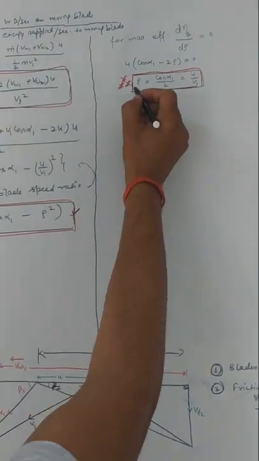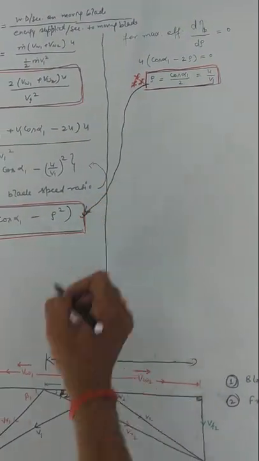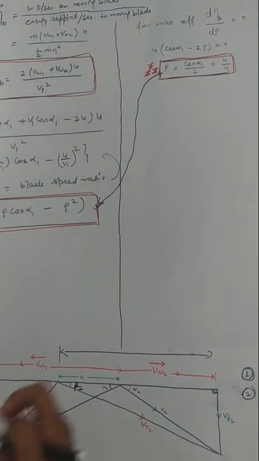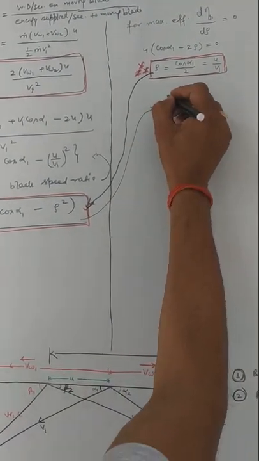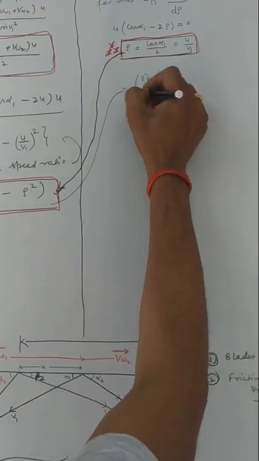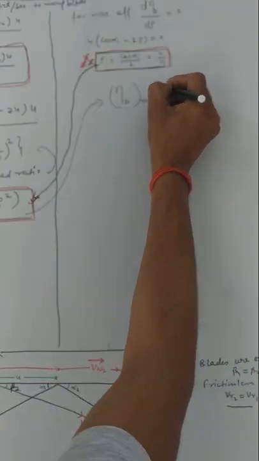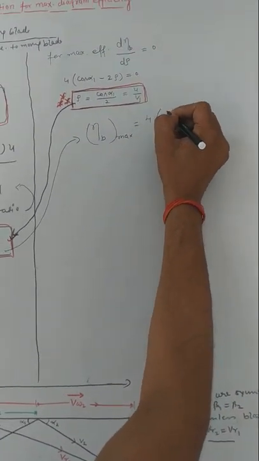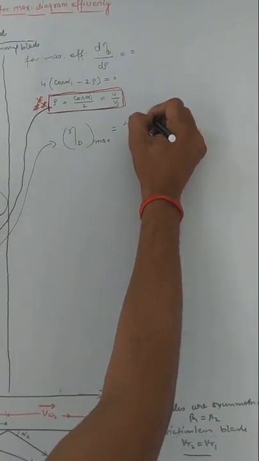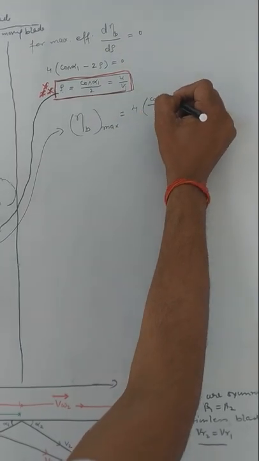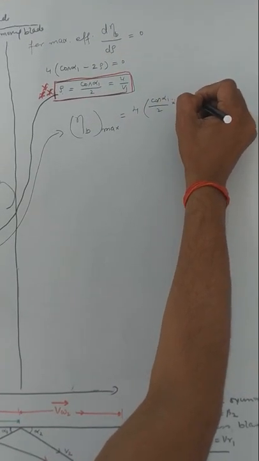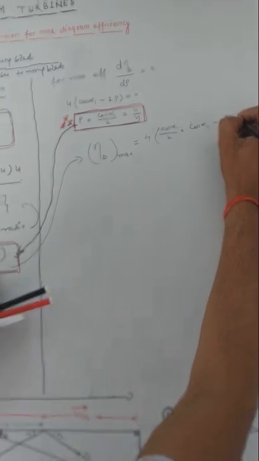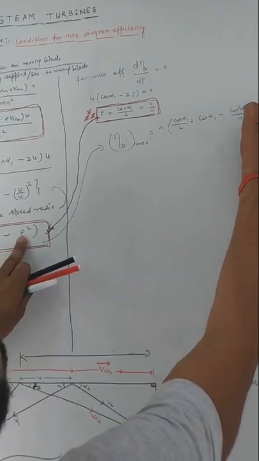Okay, so put this rho in this equation. Now we will get the maximum efficiency. Eta b max is equal to 4 times cos alpha 1 by 2 multiplied by cos alpha 1 minus cos square alpha 1 divided by 4.